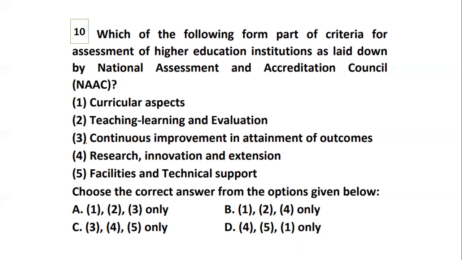I have told you this last time, you have to learn the criteria very well. So yes, the right answer is option number 1, the curricular aspects, option number 2, teaching, learning, evaluation, and option number 4, research, innovation, and extension. Continuous improvement and facilities are not a part of it.